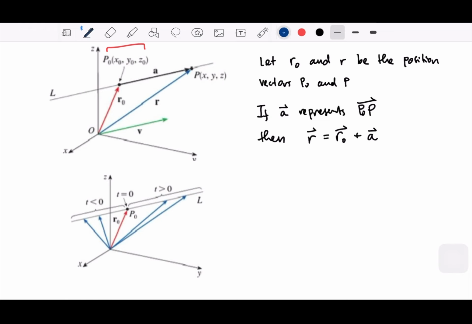So, since we have vector A and vector V, let's say we have another vector, the green one here. If you look at how V and A are, they are parallel vectors. So let A and V be parallel.